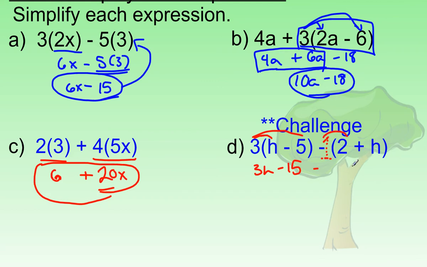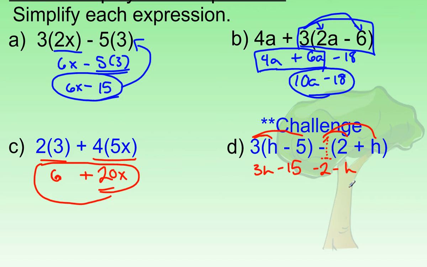So if you take negative 1 times 2 and negative 1 times h, that's why these parentheses are here. If the parentheses were not here, then it would just say minus 2 plus h. But there's a reason for those parentheses. It's negative times this stuff. So negative 1 times 2 is negative 2. Negative 1 times h is negative h.